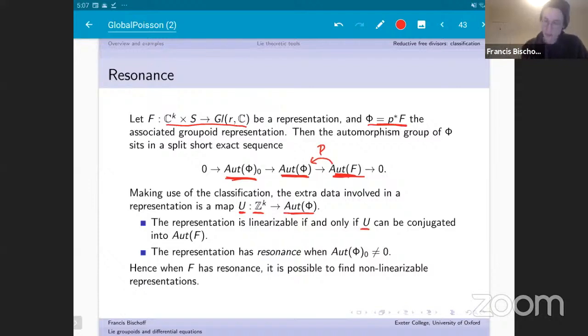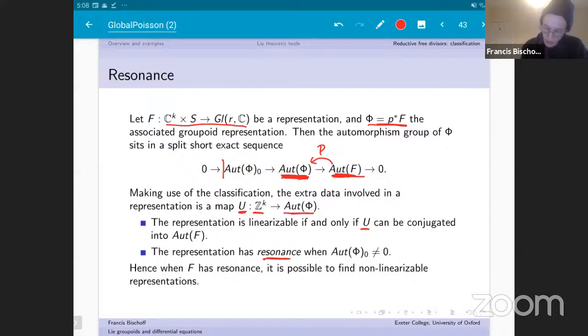A representation has a resonance precisely when this unipotent group is non-trivial. So when this group is trivial, then any map which lands in the automorphism group of phi automatically lands in the automorphism group of F because the two groups are equal. So when there's no resonance, all representations are linearizable.